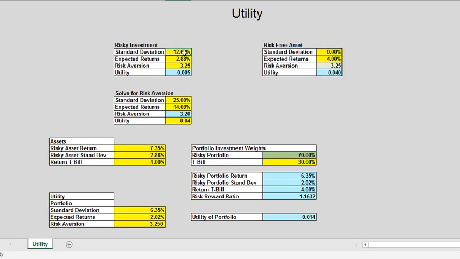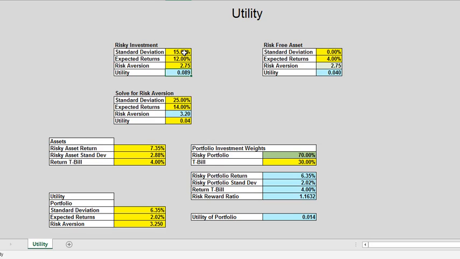Whoops, I'm sorry, I did it backwards. This is 12%. And the standard deviation, let's say that it's 15%. And our investor has a coefficient of risk aversion of, let's make it 2.75.